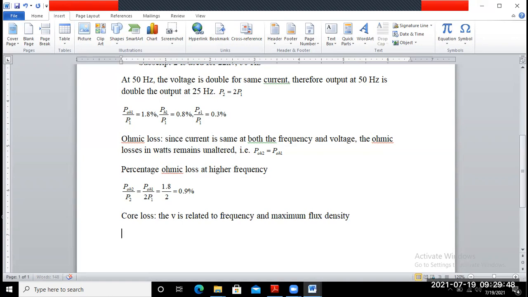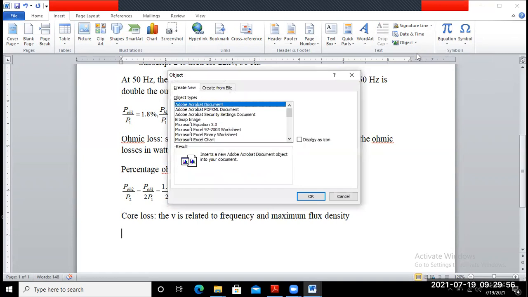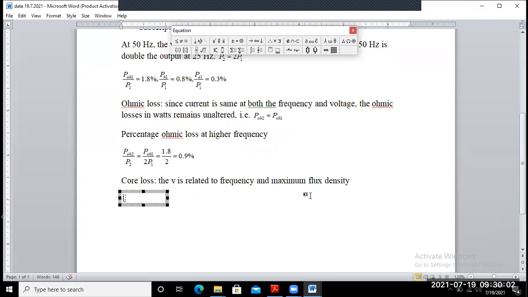If you remember the voltage equation, the induced EMF in a transformer can be written as 4.44 times frequency, maximum flux density, area and number of turns.